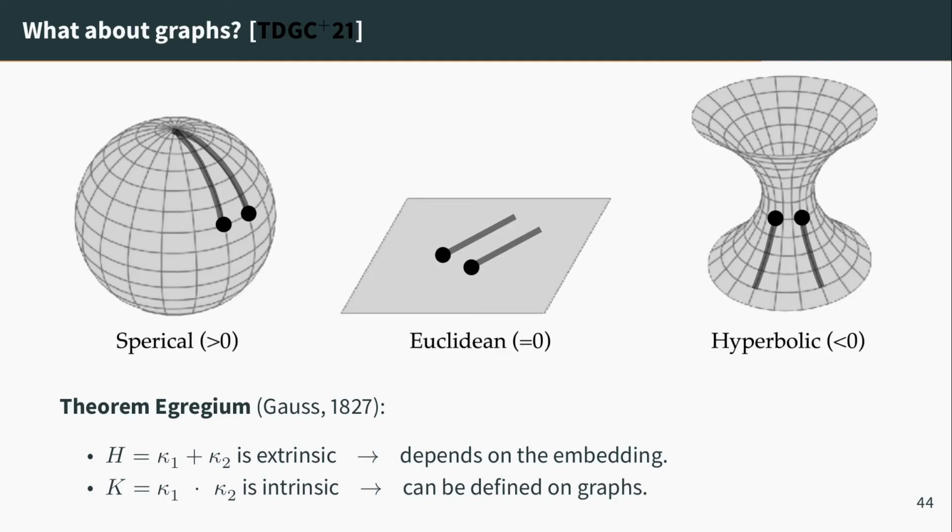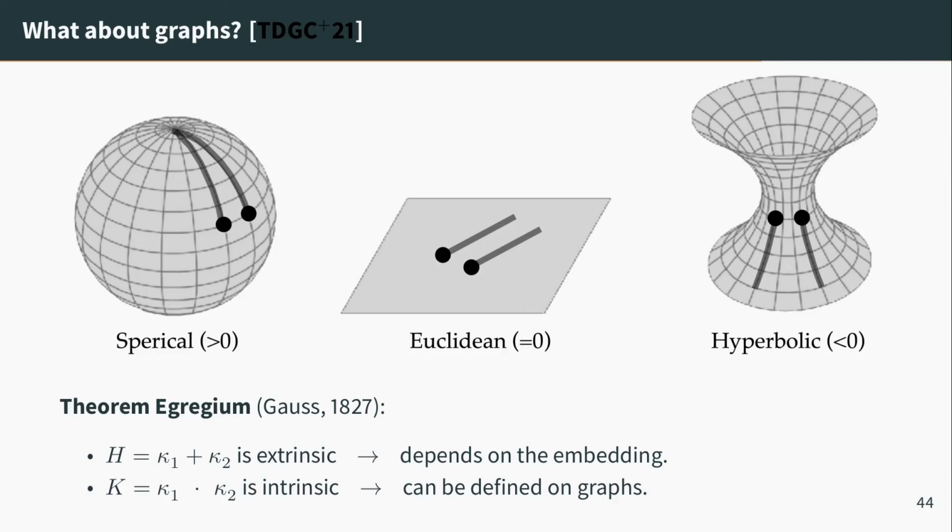Basically, you have your surface, you have kappa 1, kappa 2, and we can show that the sum of kappa 1 and kappa 2 is completely extrinsic. It's something that depends on the embedding of your surface in 3D space. So for instance, if you take a sheet of paper, kappa 1 equals 0, kappa 2 equals 0.